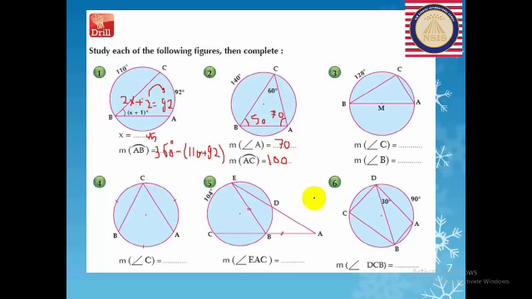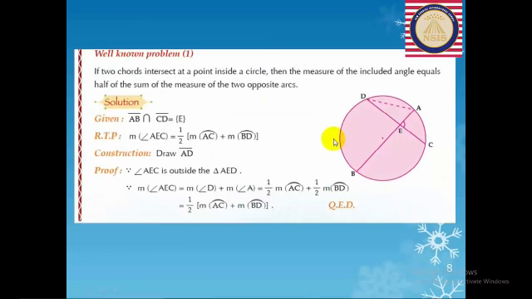Let's see here. Now we have a well-known, important problem. Let's understand it very carefully. If I need this angle, look here. This is a chord and this is also a chord. This is not a diameter, it's a chord.